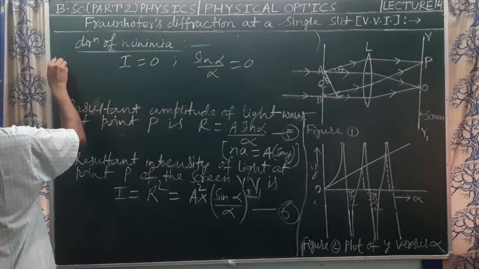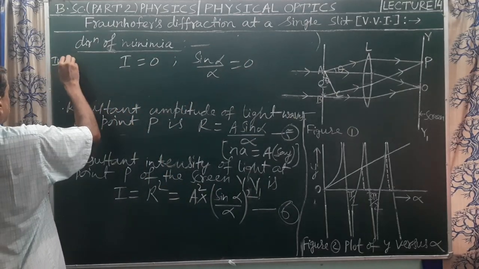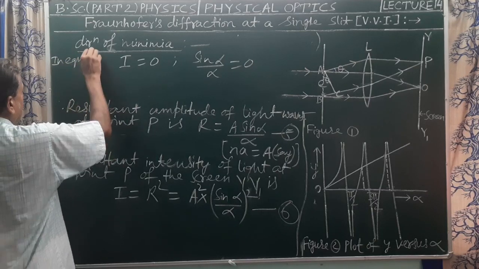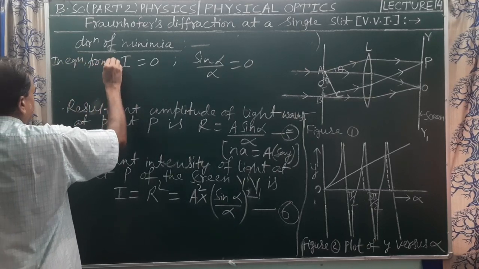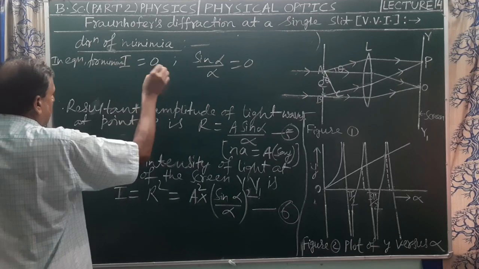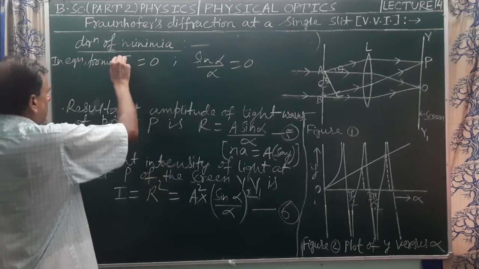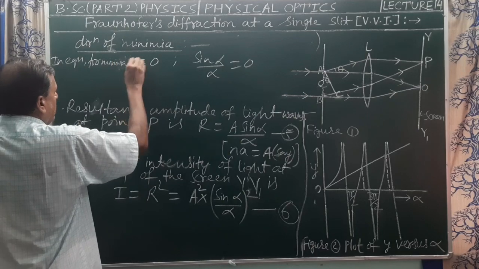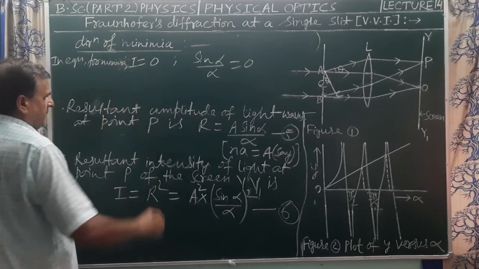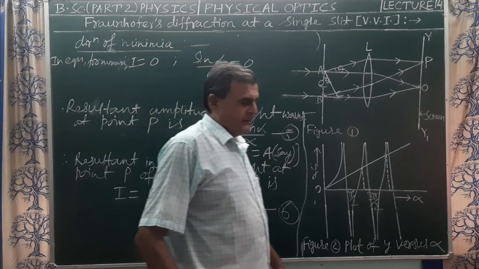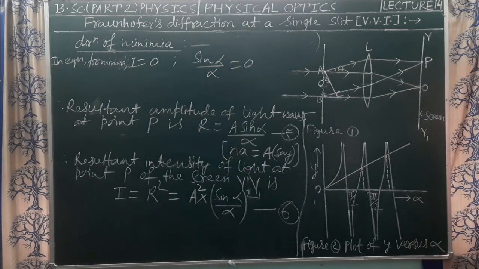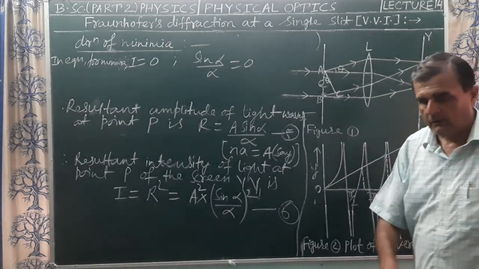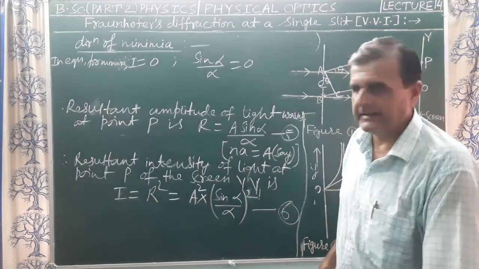In equation 5, for minima intensity of light I is equal to 0 when sin alpha upon alpha will be equal to 0. Therefore that means sin alpha is equal to 0 और alpha is equal to plus minus m pi, जो जनरल वैल्यू है.